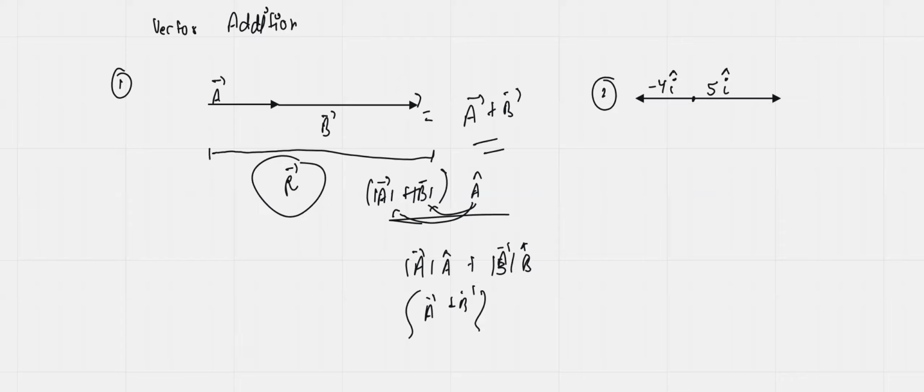Actually, this is the thing. And you know how to add two vectors if they are in the coaxial line, right? So assume if I say that a magnitude can never be negative, right? Here, this term comes out due to the minus 4 into i.